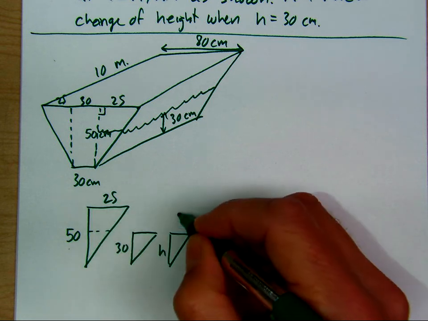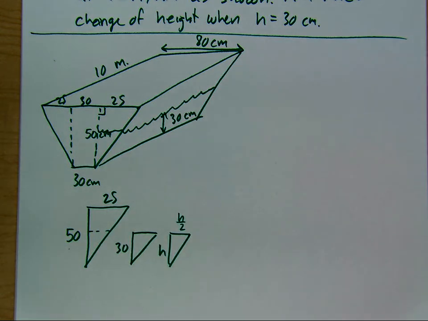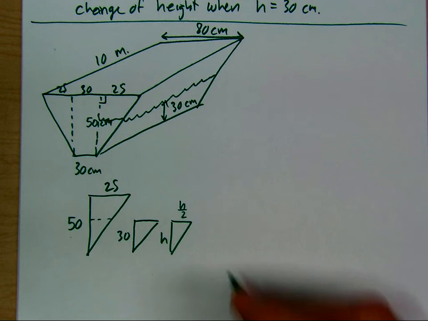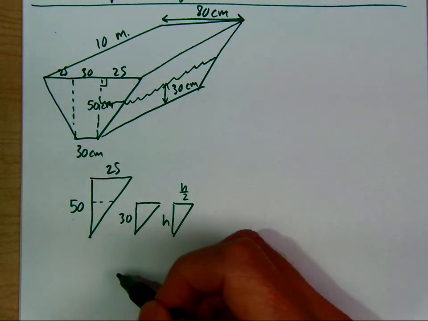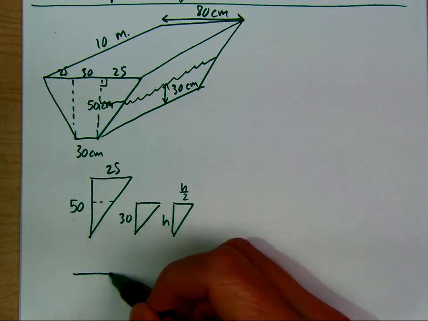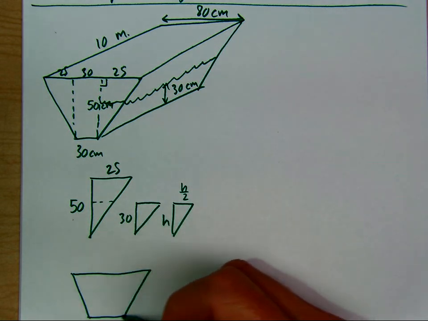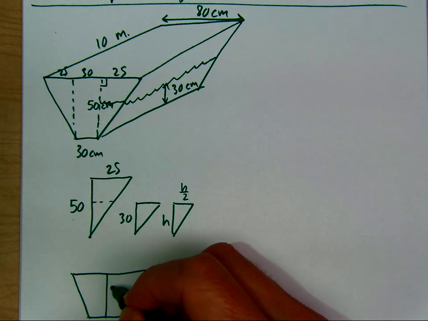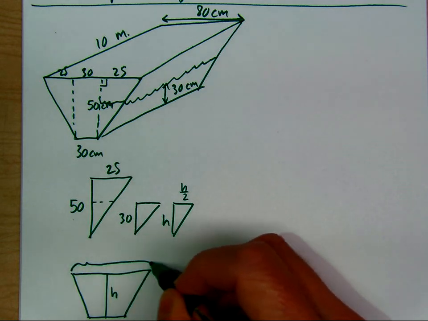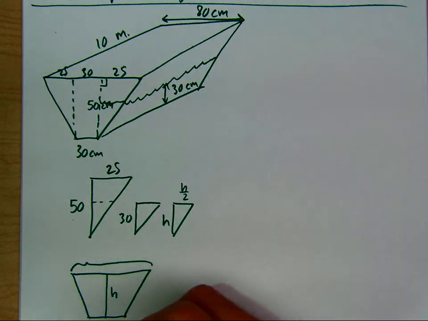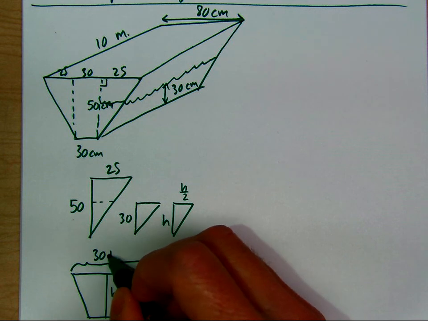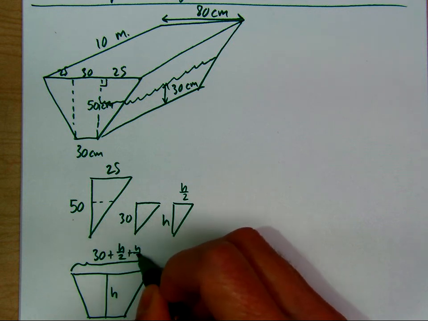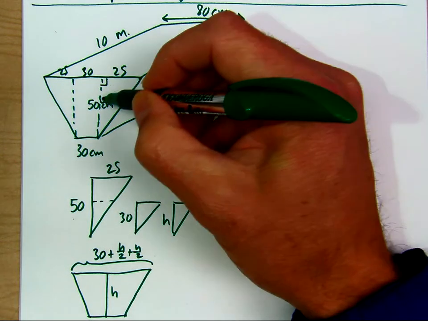So it turns out to be similar to the previous problem because we have that same ratio, but the difference in this one is when we look at the full trapezoid, we have the height, and this won't change, it's still going to be 30, but this is going to be 30 plus h over 2 plus h over 2, because we have h over 2 here, we have h over 2 there.